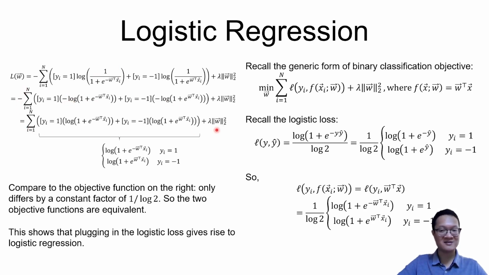And in the end, we get this final expression over here, which is the sum over data points of the indicator yi equals 1 times log of 1 plus e to the power of negative W transpose Xi, and then plus the other case, the indicator yi equals minus 1 times log of 1 plus e to the power of positive W transpose Xi, plus our L2 regularization term.